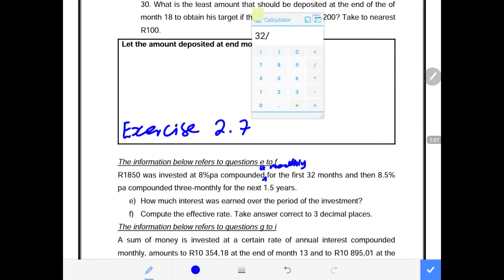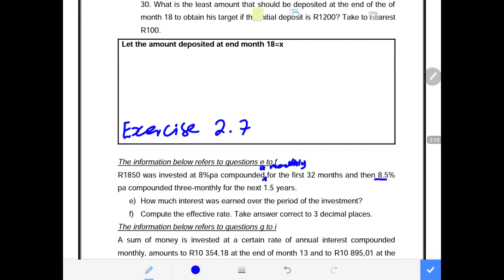Now if we say 32 divided by 4, we notice that this amount was compounded 8 times, or interest was earned 8 times. Then it says, and then 8.5% per annum compounded 3 monthly for the next 1.5 years. So for 32 months, it was compounded 4 monthly at 8% per annum.